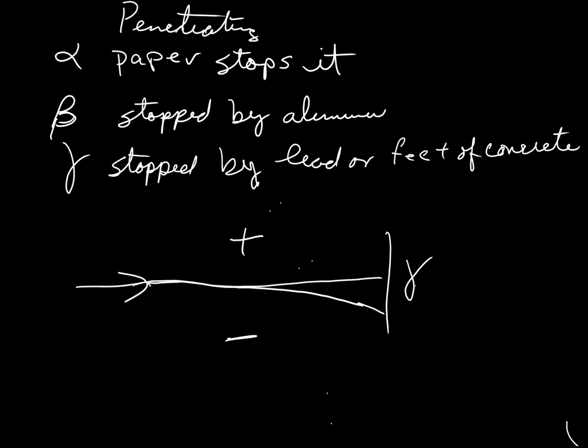And beta is an electron, so it's going to be pulled the other way, and it's going to be pulled a lot more because an electron weighs a lot less than a helium nucleus, so it's easier to turn. Just like turning a truck is harder than turning a car, same kind of thing. So that's how we can detect those 3, alpha, beta, and gamma.